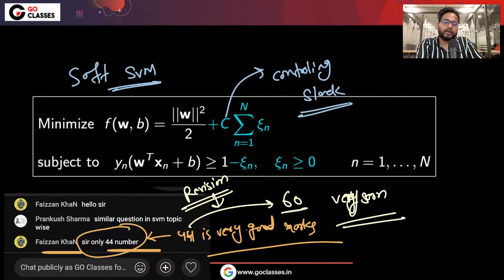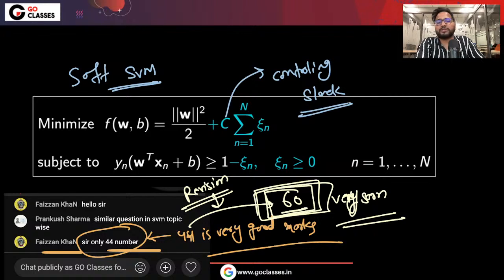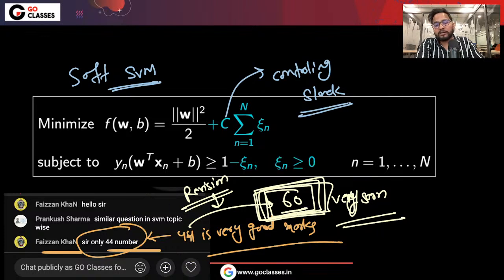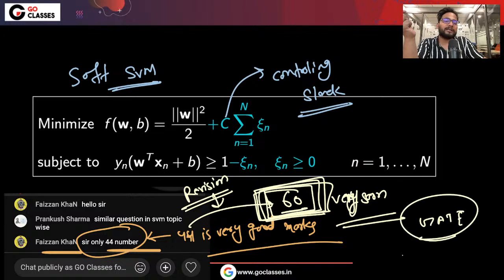So you can increase your marks in the further AIMTs, and never actually worry about the marks, because in the AIMTs, some questions could be tough or easy. But once you have the proper analysis of the AIMT, your preparation will be so strong that in the GATE examination you will get a decent rank. And that is our aim, right? In the GATE examination we want to get a decent rank. So keep on attempting AIMTs.